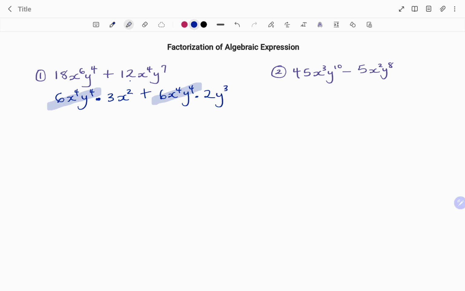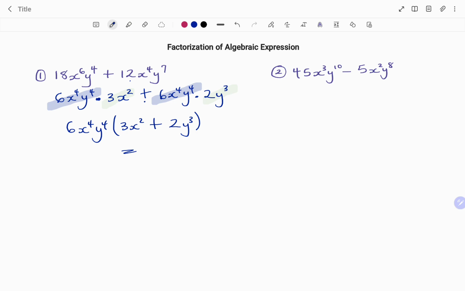Therefore, I'm going to factorize out 6x^4y^4. And if you check what is left in the two terms, I have 3x^2 and 2y^3, which I'm going to write out: 3x squared, the sign, that's plus 2y cubed for the second term.